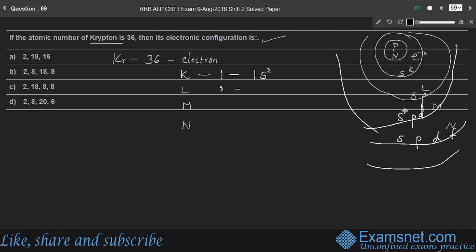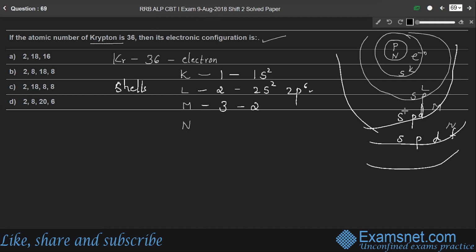In the second shell, L, there can be 2s2, 2p6: 2 electrons in the S subshell and 6 electrons in the P subshell, since the L shell has 2 subshells.